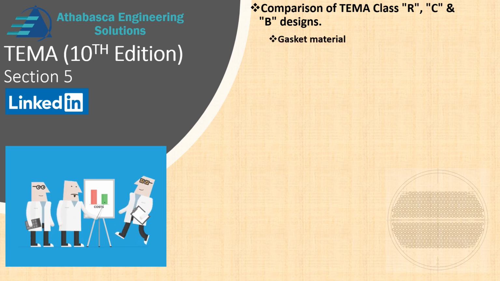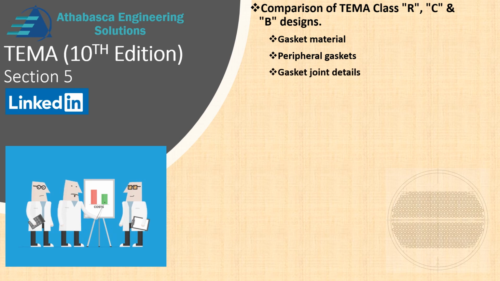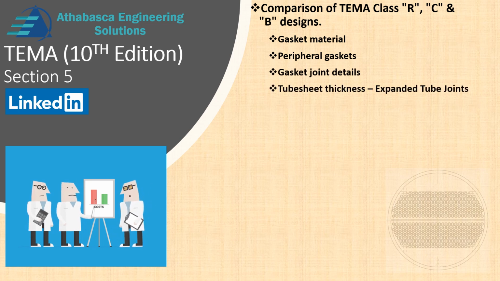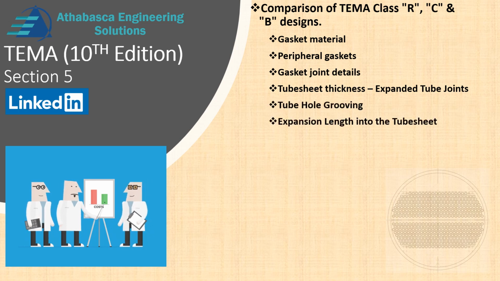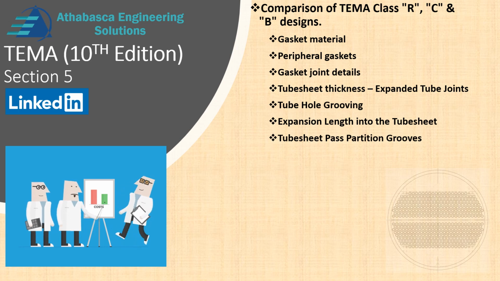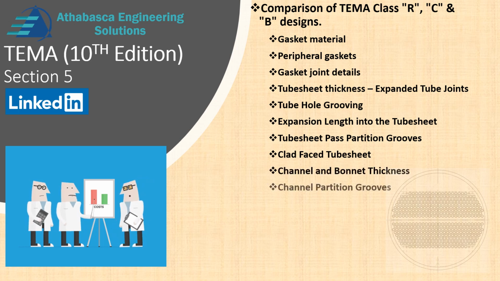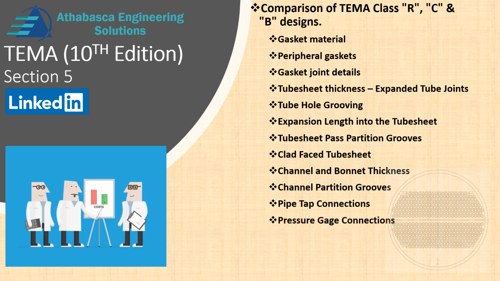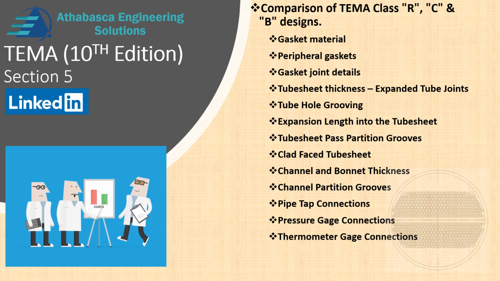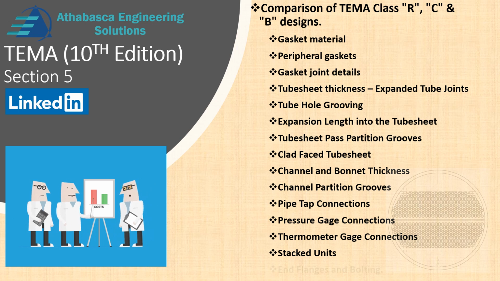In particular, we'll look at gasket material, peripheral gaskets, gasket joint details, tube sheet thickness, expanded joints, tube hole grooving, expansion length into the tube sheet, pass partition grooves, clad faced tube sheets, channel and bonnet thickness, channel partition grooves, pipe tap connections, pressure gauge connections, and thermometer gauge connections, followed by stacking of units, and then completing that with end flanges and bolting requirements for each of the different classes.